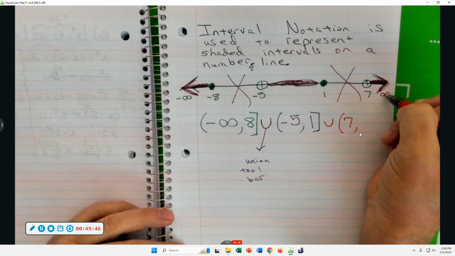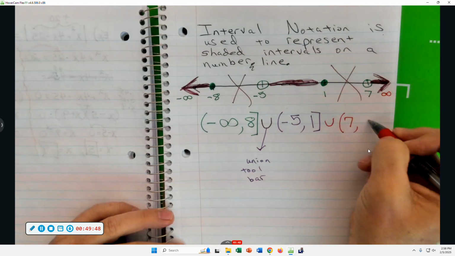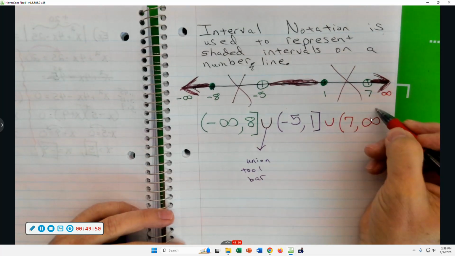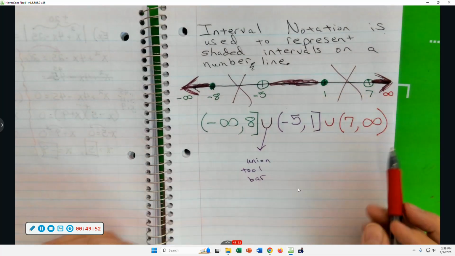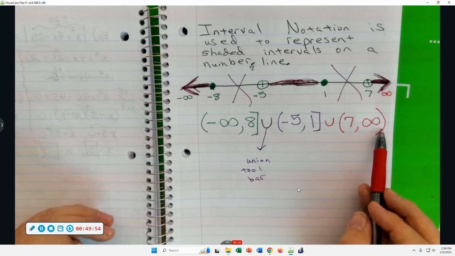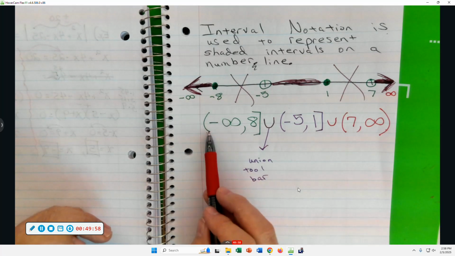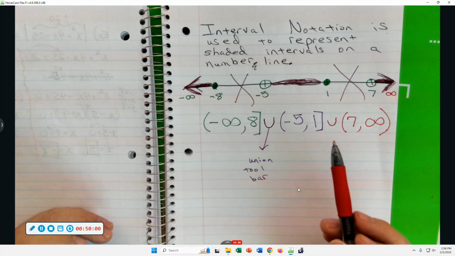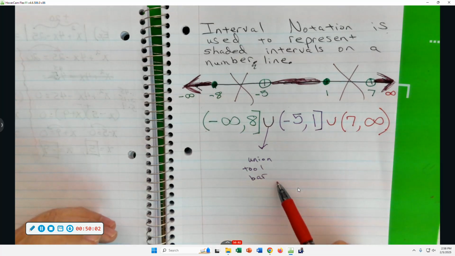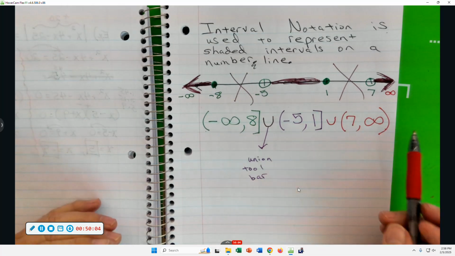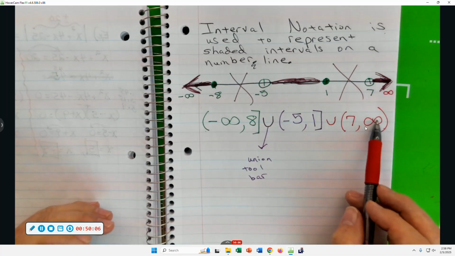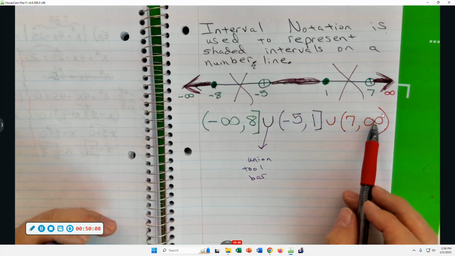An infinity, that's a positive infinity. You always put a parenthesis after a positive infinity. You always put a parenthesis before a negative infinity. Do you want to tell them where the infinity symbol will be? It's on the toolbar. There is an infinity symbol on the toolbar when you're typing this stuff in.